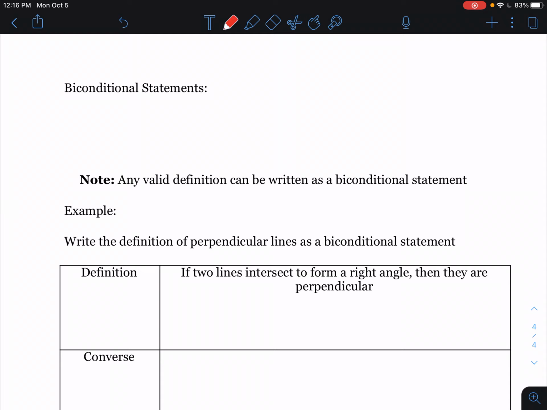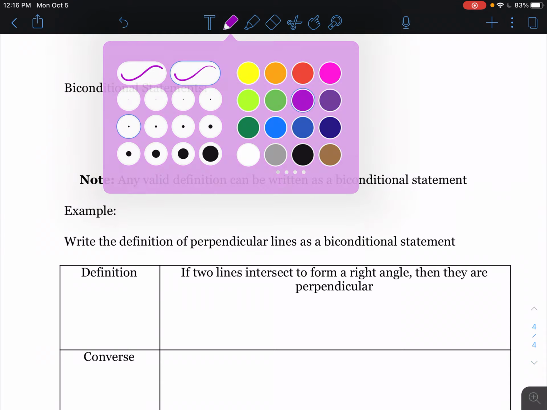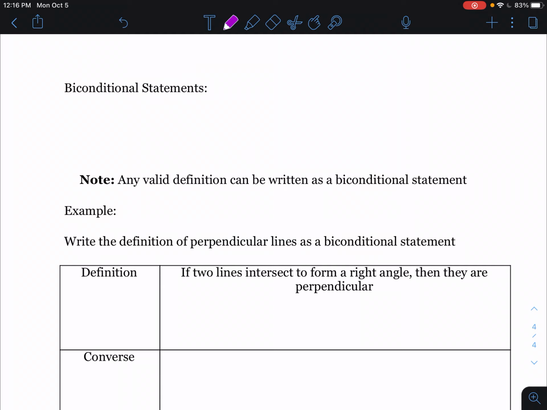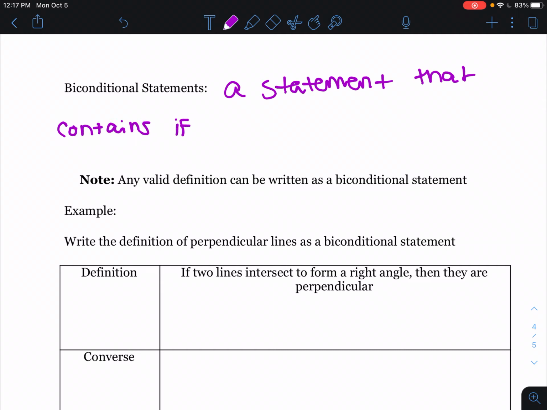All right, a biconditional statement. A biconditional statement is a statement that contains the words if and only if.